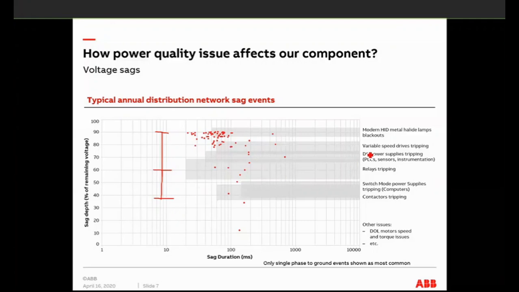Okay, so also one important part is the VSD or VFD. If we are using a variable frequency drive or variable speed drive in our system and you have experienced a voltage sag of 75% voltage remaining, it means that it can run, but there is no guarantee that it will run at below 75% voltage remaining.